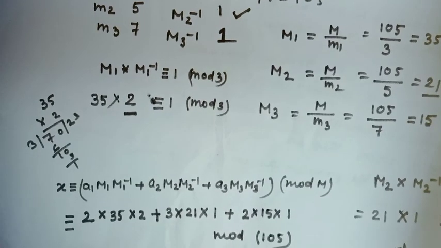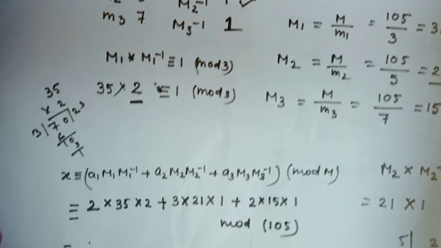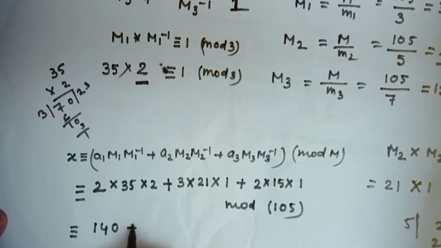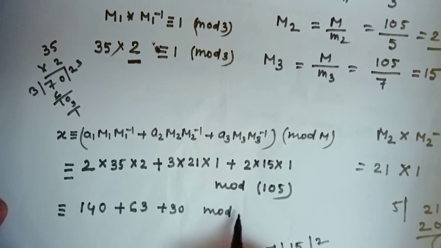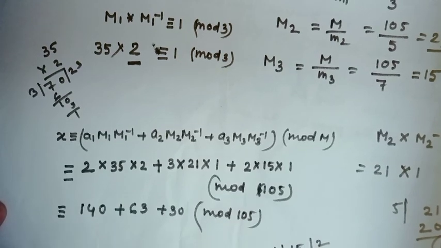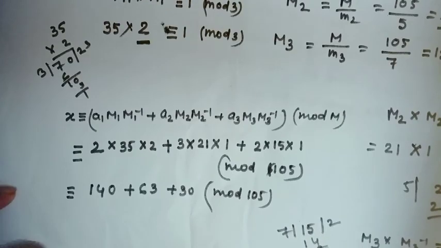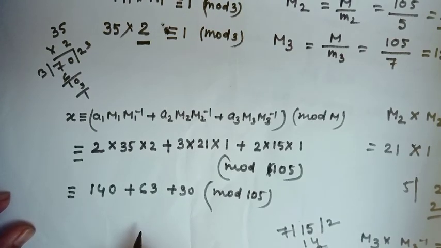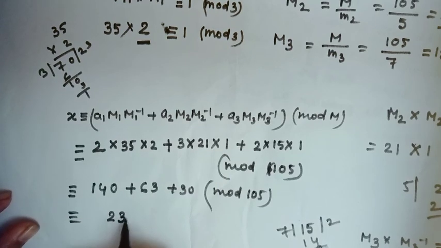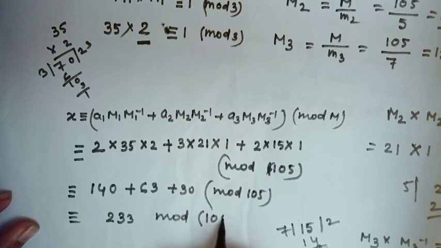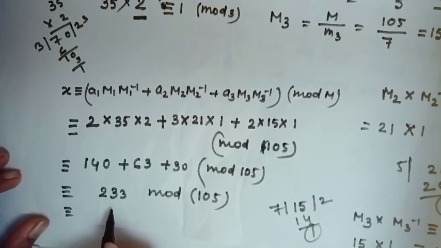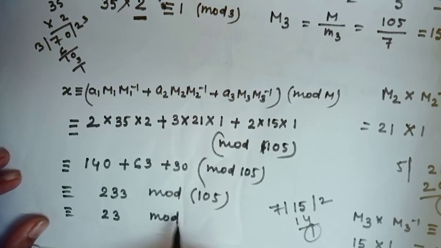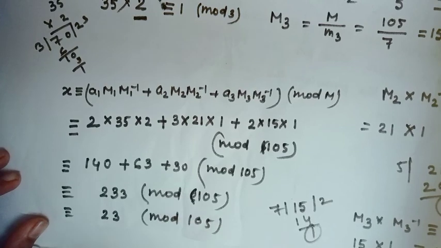This is congruent to 140 plus 63 plus 30 modulo 105. This will be congruent to 233 modulo 105, which is congruent to 23 modulo 105.